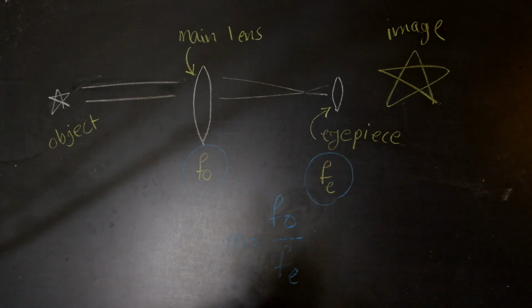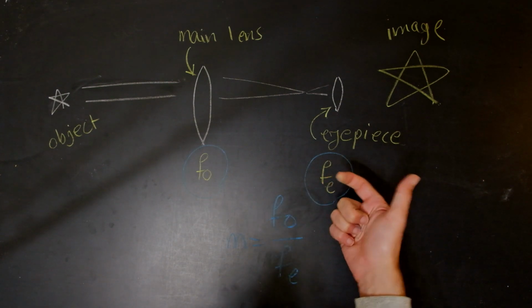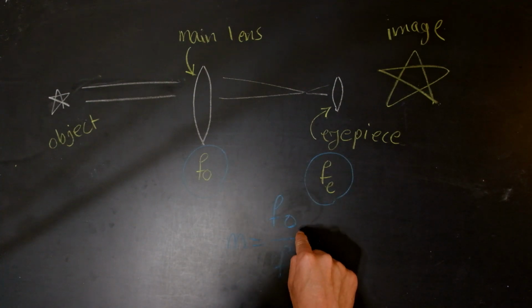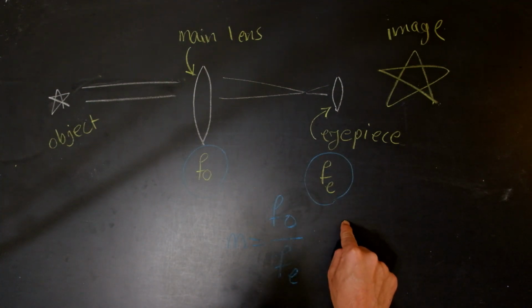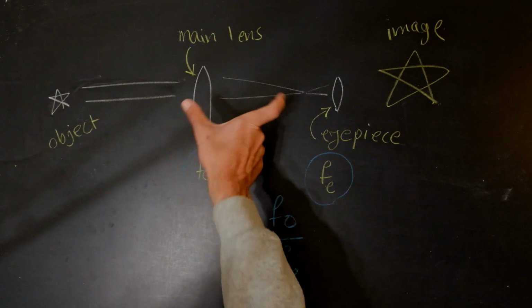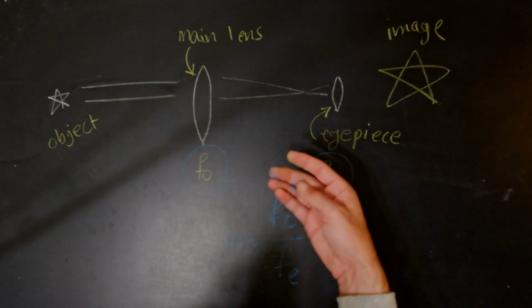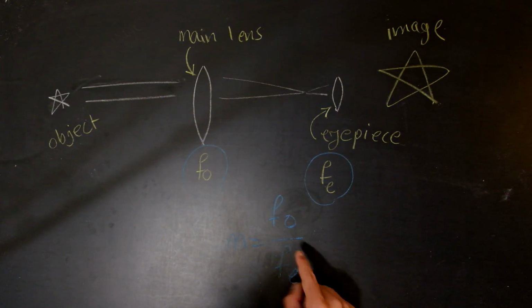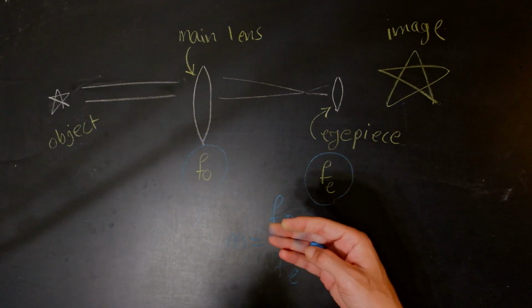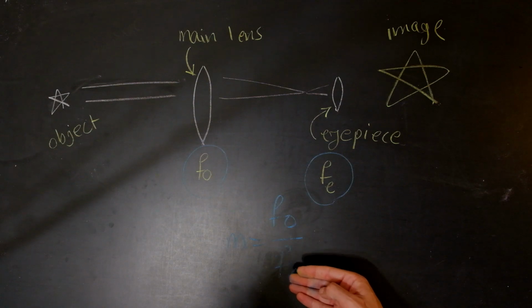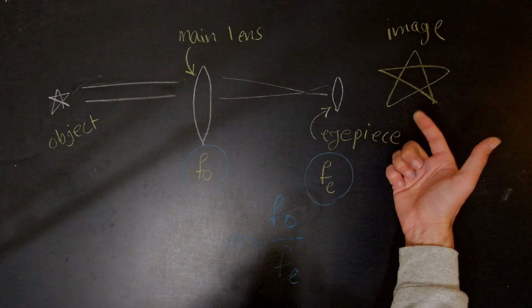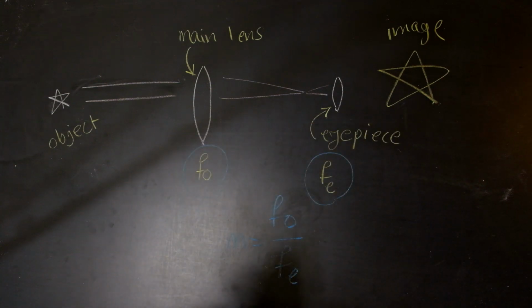So this number is a constant number, and we replace eyepiece with different focal lengths. So for example, if FO is 100 for this, so whatever unit you have, and if FE is 10, basically your magnification is 100 divided by 10, which is 10. It means final image is 10 times larger than the object.